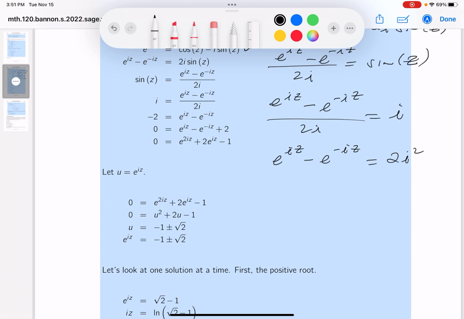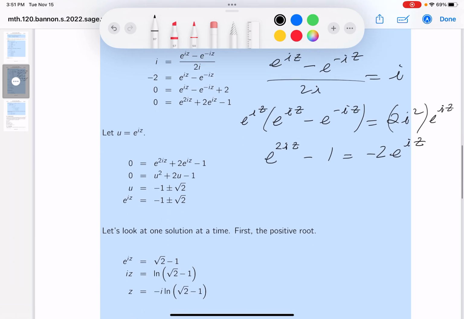But the negative exponent is sort of bothering me. So I'm going to multiply both sides by e to the iz. And you're going to get e to the 2iz minus 1 equals minus 2e to the iz. And what do I get there?